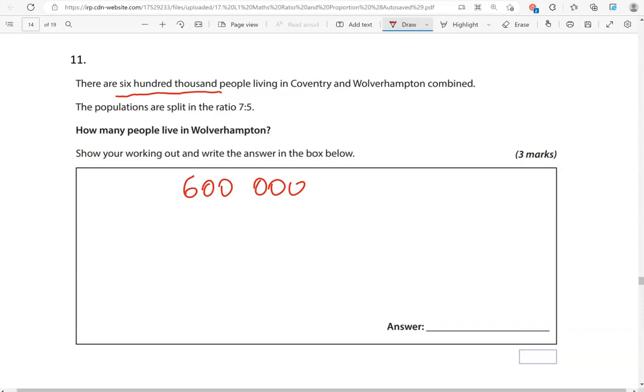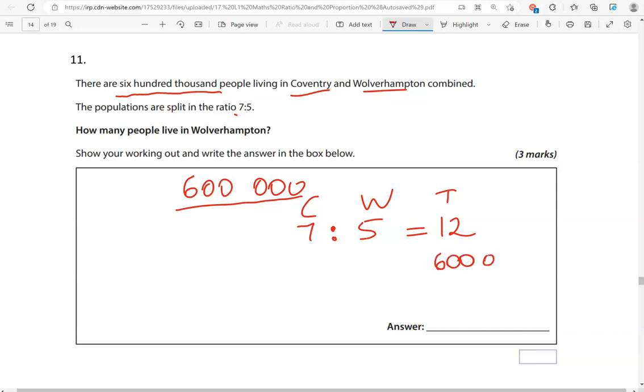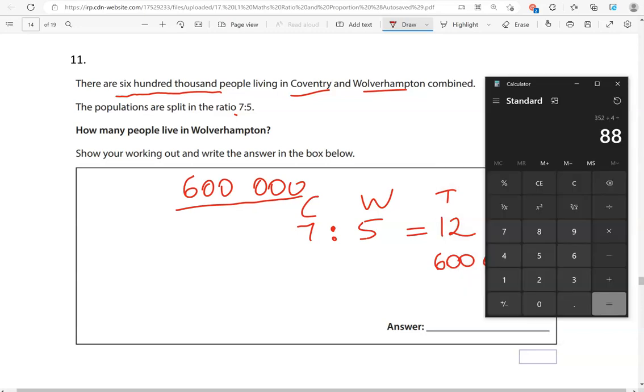So ratio is 7 to 5. 7 is for Coventry and 5 is for Wolverhampton. In total, that is 12 units, and the total population for both of them is 600,000. How do you get from 12 to 600,000?